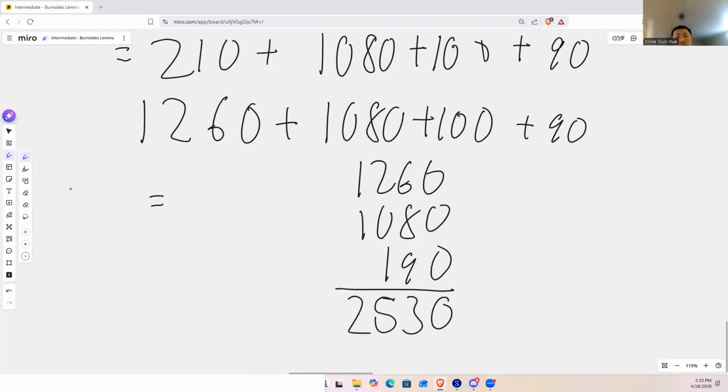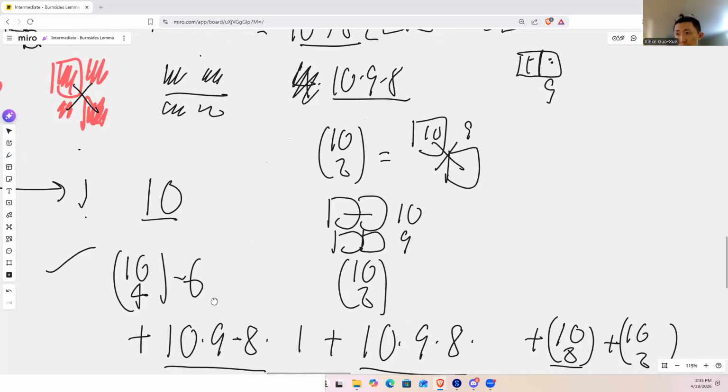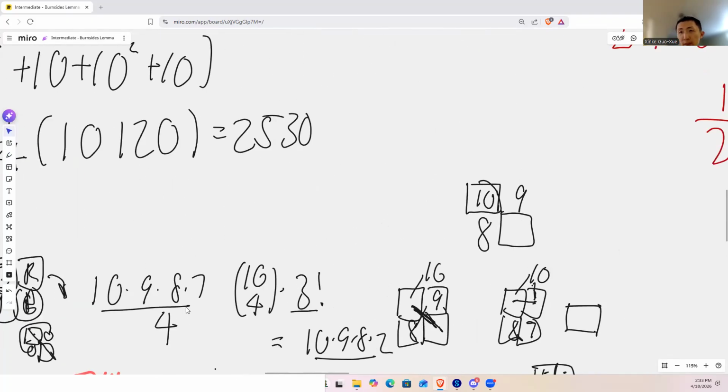Okay, yeah. So we get to 2530, which is what we got earlier. So this is why Burnside's lemma can help avoid all this casework and thinking about symmetry. We haven't proven Burnside's lemma, but it can help.